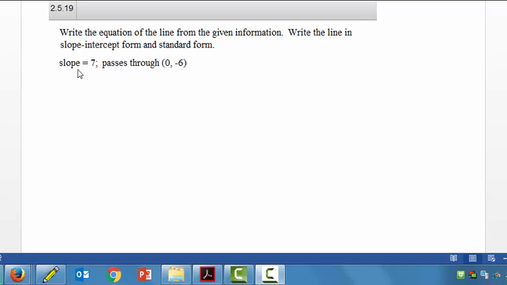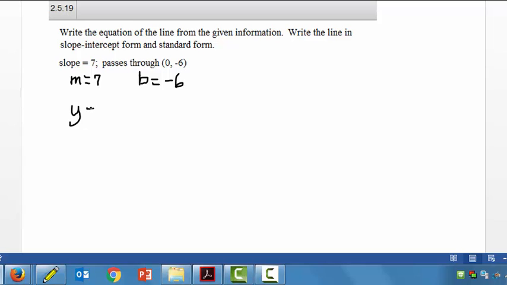Now this is our m, the slope, which is 7, and b is the y-coordinate of the y-intercept. Whenever a point has x as 0, that point is a y-intercept. So this actually is the y-intercept. The y-coordinate of that point is our b.